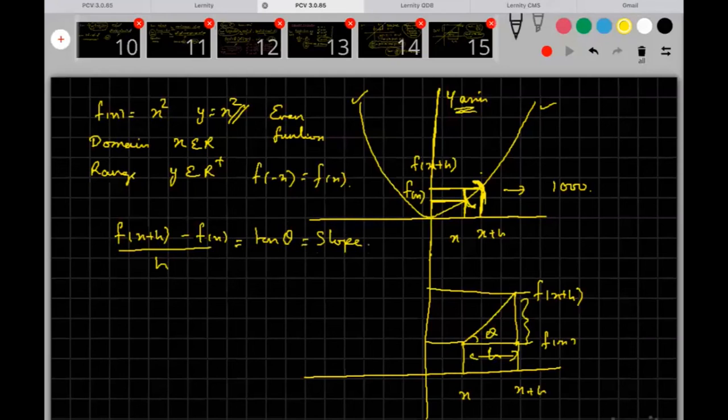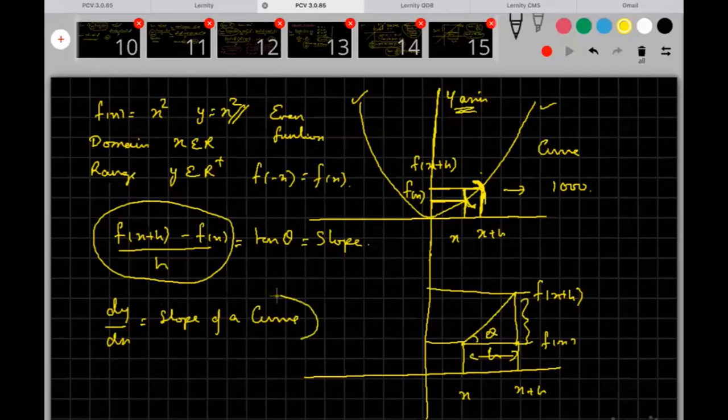So how will you find out the slope of a curve? This is a curve, not a straight line. So how do you think this could have happened? What are you doing here? Do you see that the differential of a function gives you the slope of a curve?